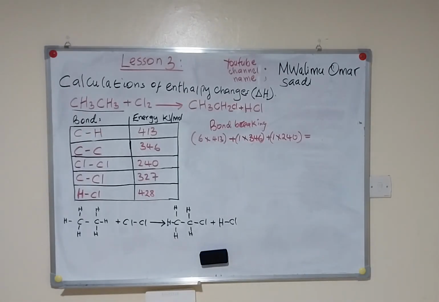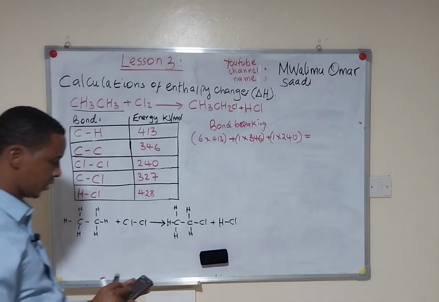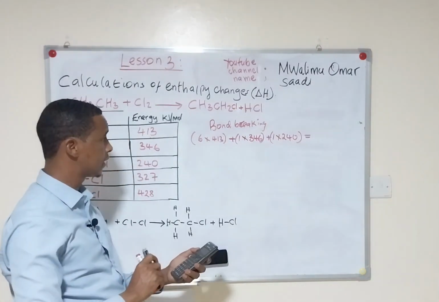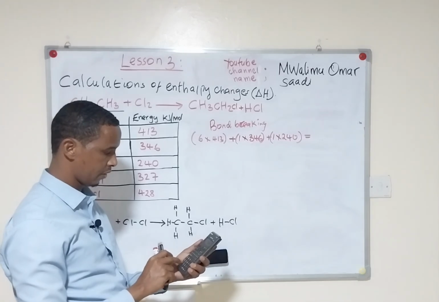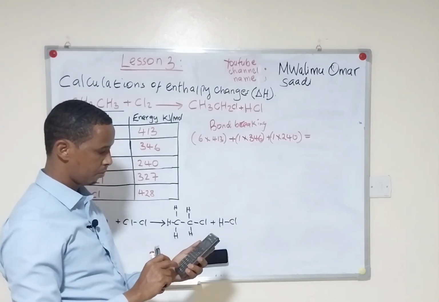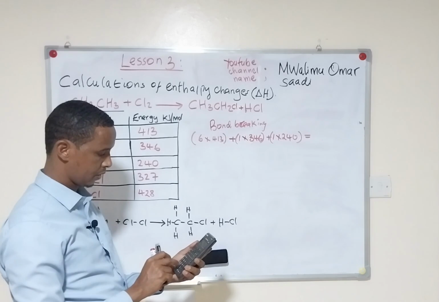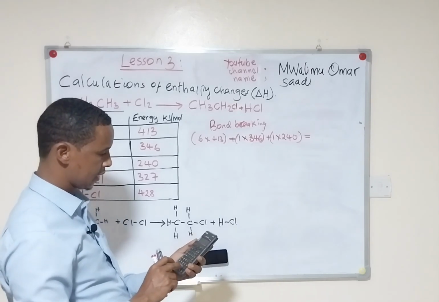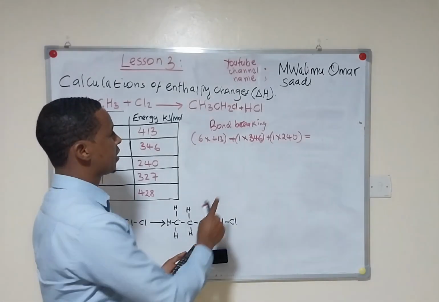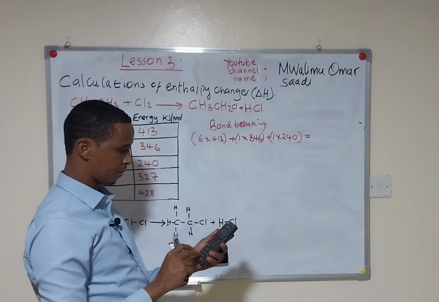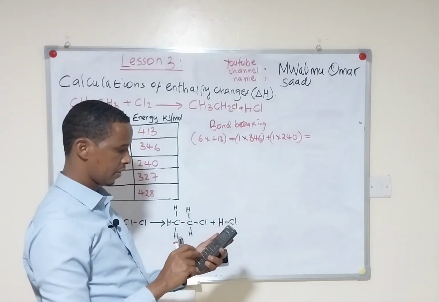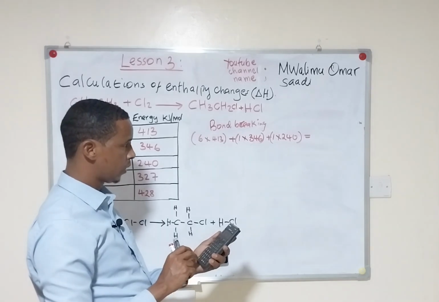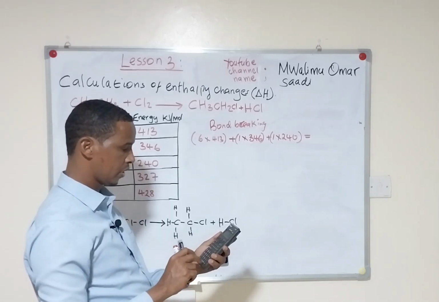Let's use our calculator. So here we have 6 times 413 plus 1 times 346, which is just 346, plus 1 times 240, which is 240.